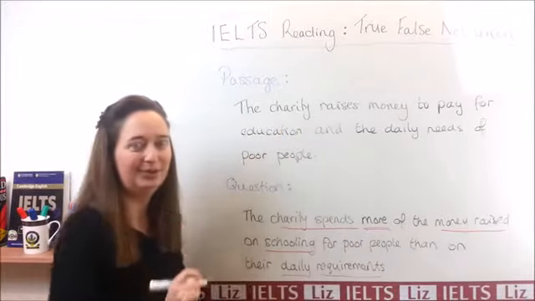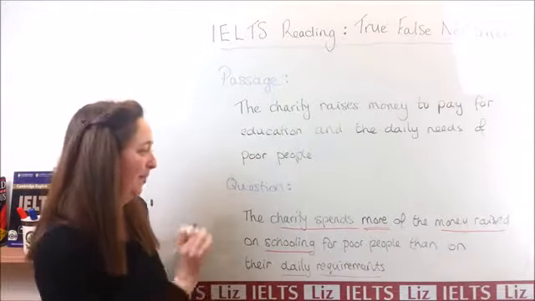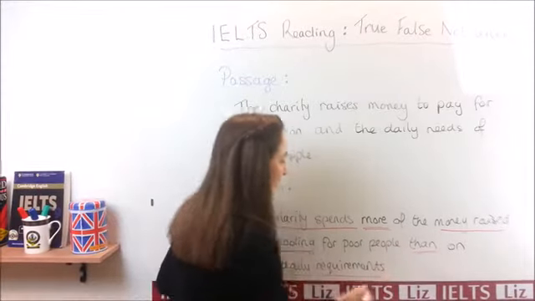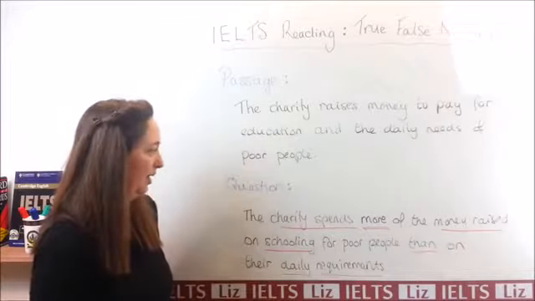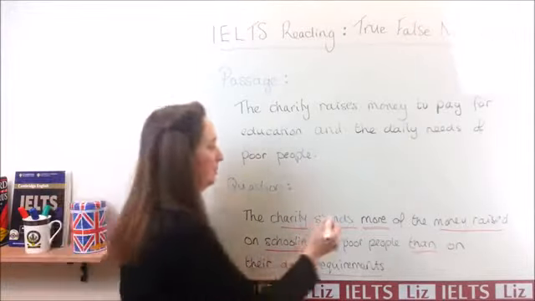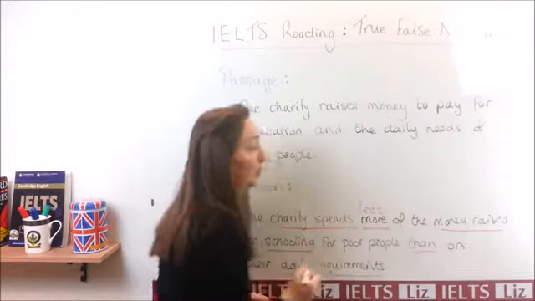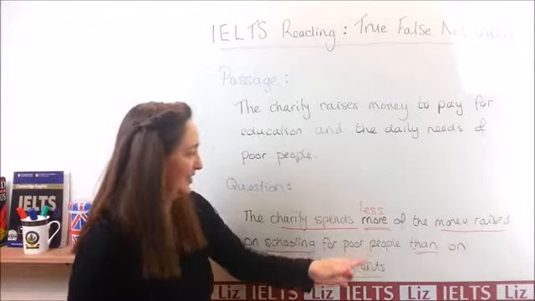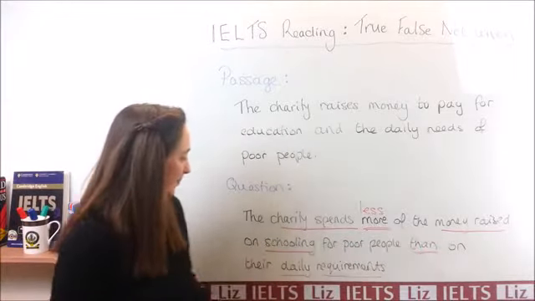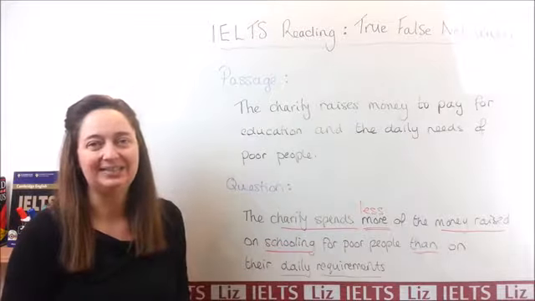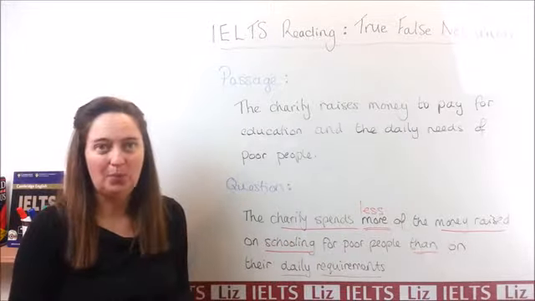Aha, suddenly we find a word here. More of the money raised for schooling than on daily requirements. What would be the opposite? Well, the opposite meaning would be less. The charity spends less money on schooling than on daily needs.